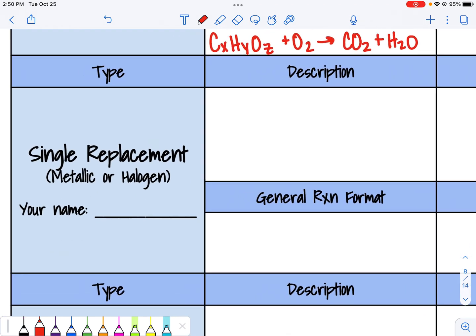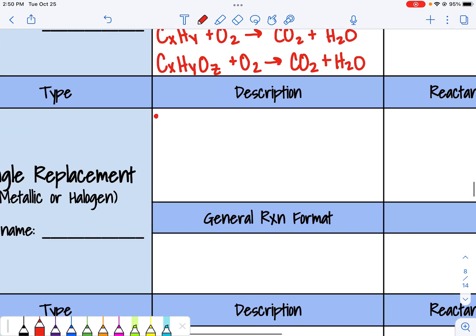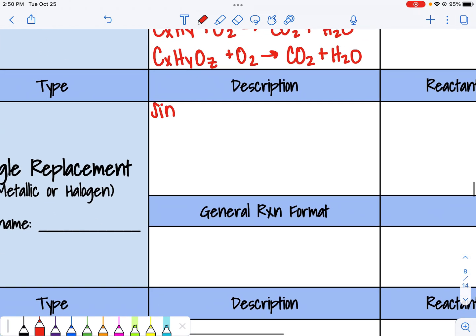Single replacements are really fun. So for single replacement reactions, you have some singular element. And that single element reacts with a compound.